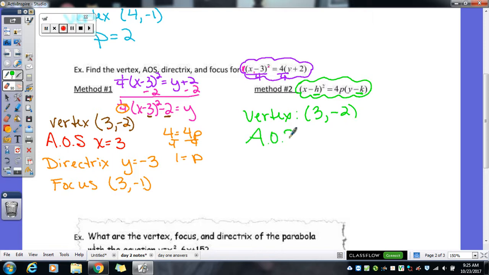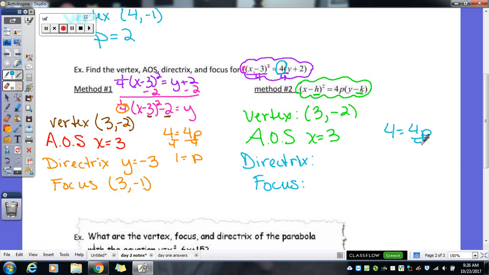So our axis of symmetry would be x equals 3. It's the same value as your x value from your vertex. Again, in order to do our directrix and our focus, we've got to find our p-value. So when your formula is written this way, whatever number's in front of the parentheses of your y, that's what you set equal to your 4p.